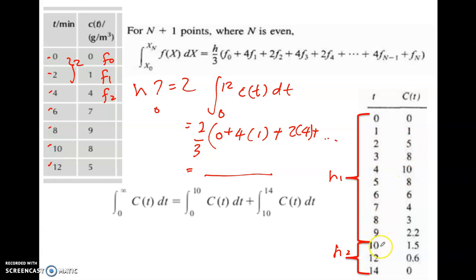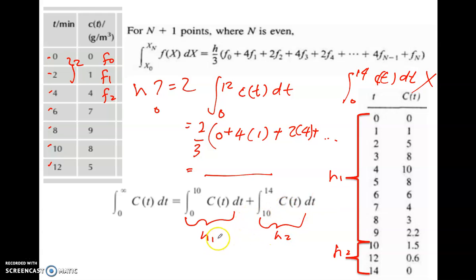So you cannot combine it. You cannot do it from 0 to 14 for the integral of CT dt like this, because it has different H. You need to split it up. The first part uses H1 and the second part uses H2.